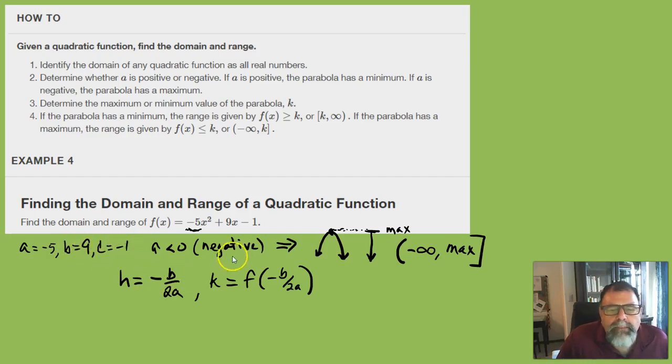We don't really need c for this. So we got minus 9 over 2 times minus 5, which is negative 9 over negative 10, which equals 9/10.